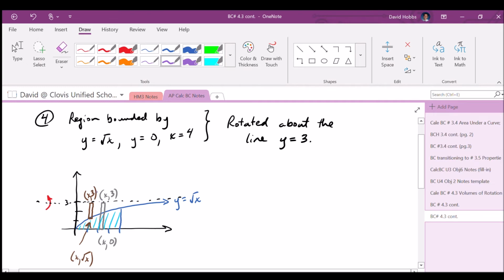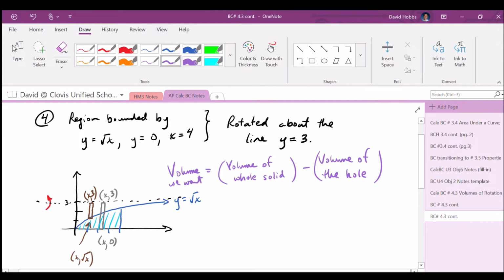And so what's going on here is we're going to generate the volume of the whole solid and then we're going to subtract the volume of the hole, because it's like we're coming through and we're going to drill this out, and so that's the volume that we actually want.